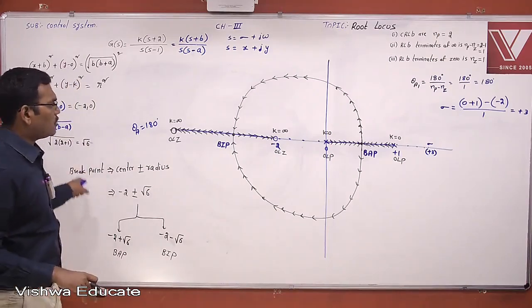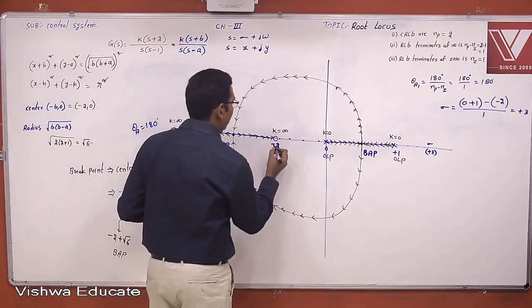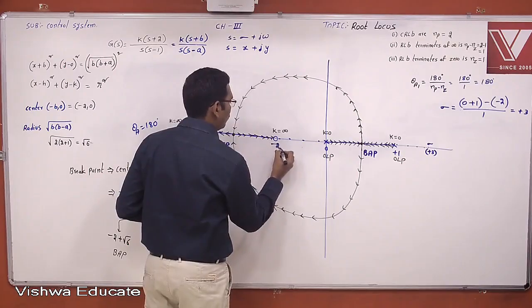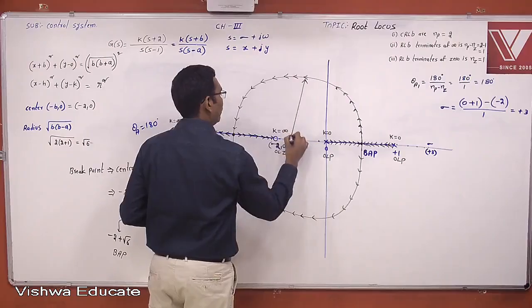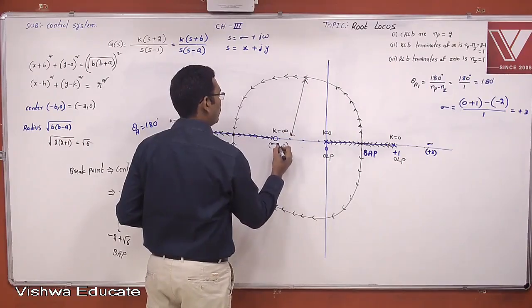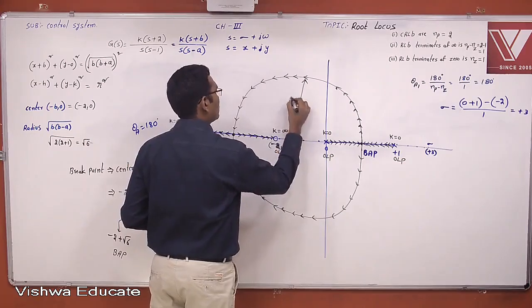Now this is also a shape of circle with center minus 2 comma 0 with radius root 6.